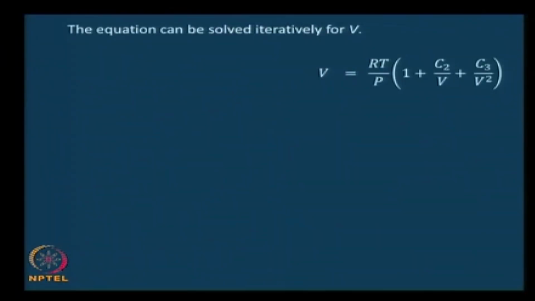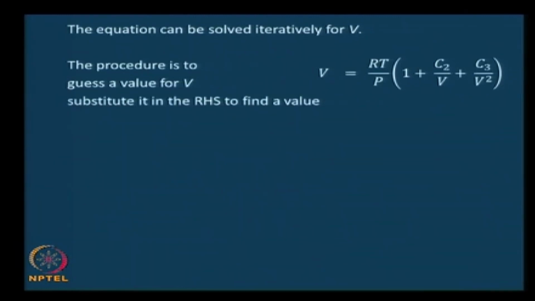Let me present the procedure first. First, guess a value for V, substitute it into the right hand side to find a value in terms of C2, C3 and RT by P.